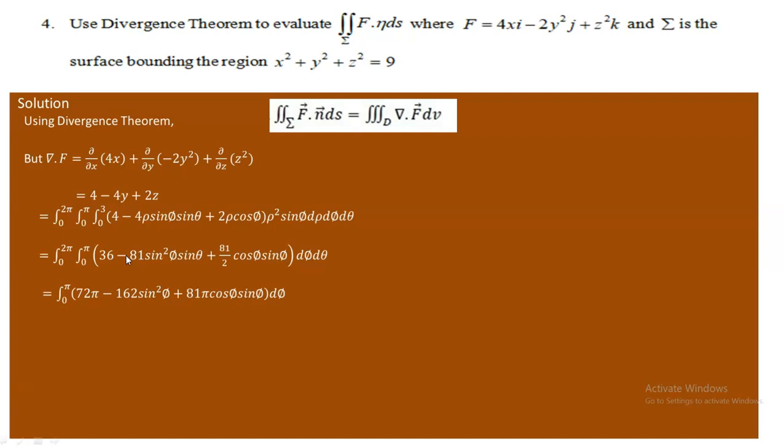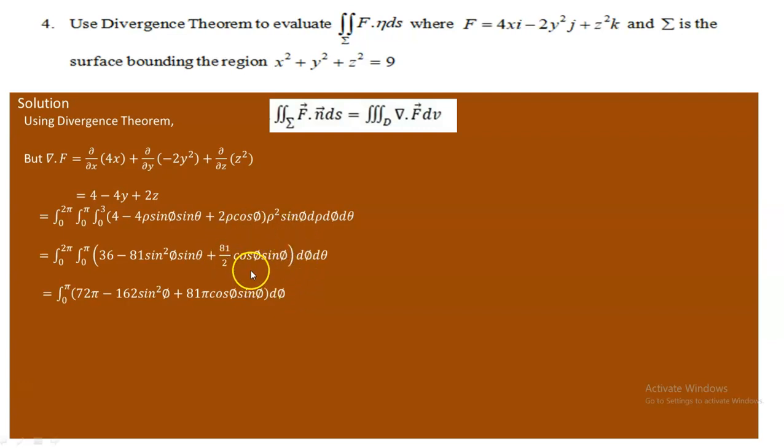But you see what happens here is, as you are substituting pi, cos pi is -1, and this one is cos 0, it will be 1, minus 1 minus 1 makes -2, so multiplying 2 by 81 it will be 162 sine squared phi plus. Here again, you see, after evaluation, you will obtain this to be 81 pi cos phi sine phi d phi, because we don't have theta here, so it will be 2 pi.